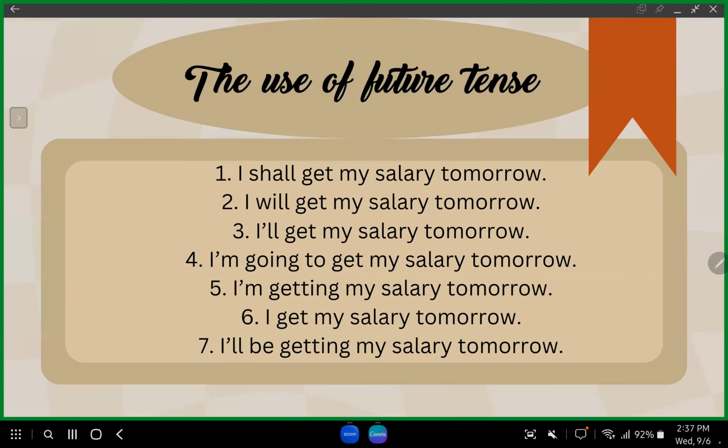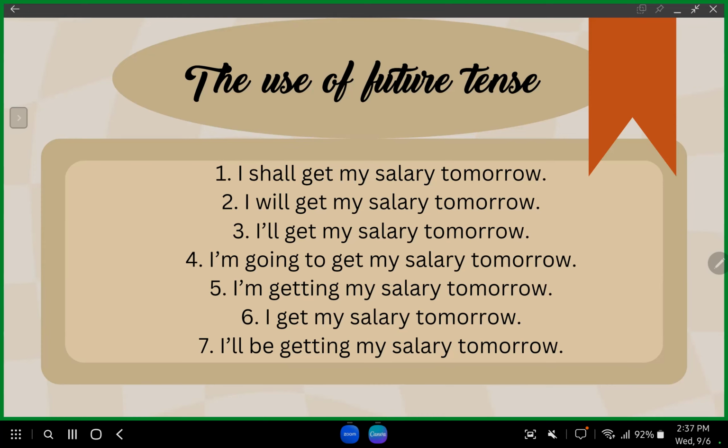What are the key two words we should see in these sentences? Shall and will. Yes, that's true.